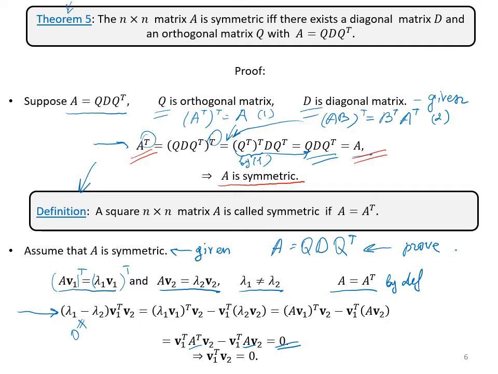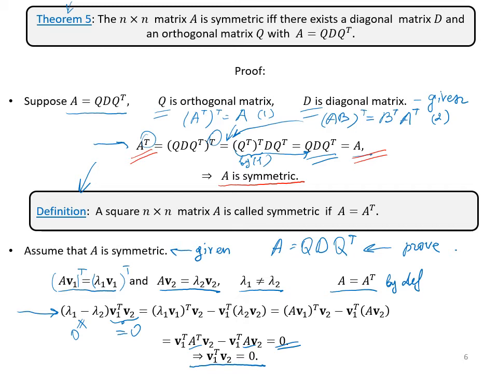And it immediately implies that this product equals 0. So, which means that we have orthogonal vectors. And by normalizing our orthogonal eigenvectors, we can get an orthonormal set of vectors for distinct eigenvalues.